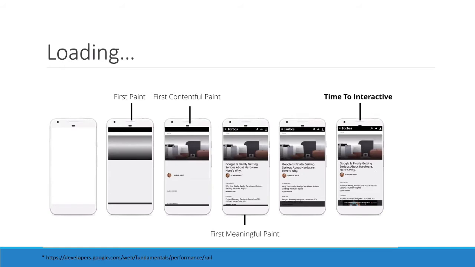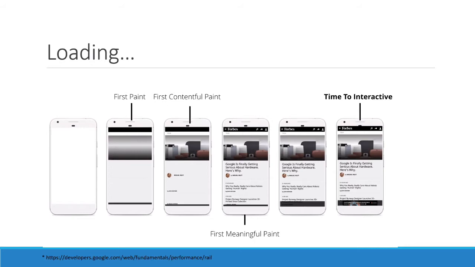Now, from this point onwards, you can already consume information. You can't click, probably, because things are blocking the main thread, but at least you can read something, and you can see something on the screen. And finally, at the last frame, you've got the time to interactive, which means the website is fully responsive, and the users can interact with it.